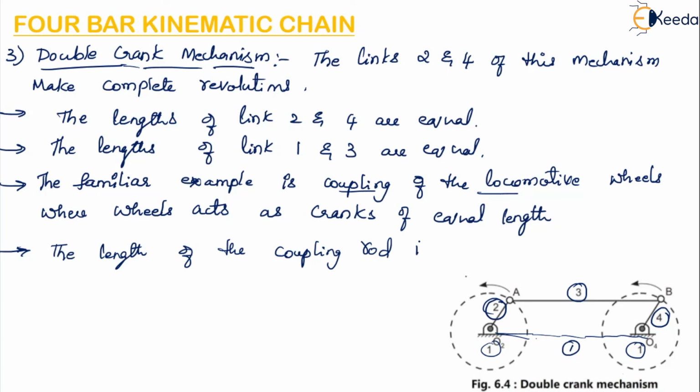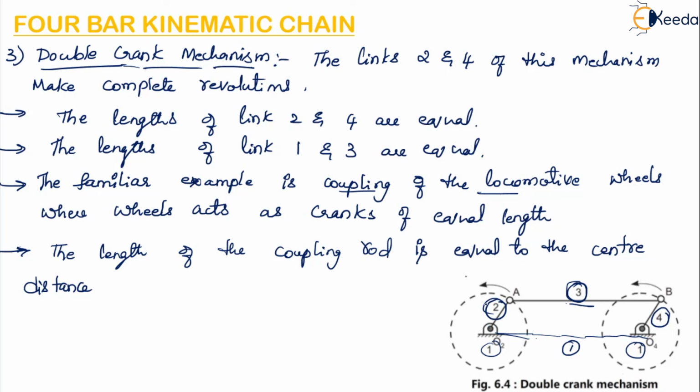Let us consider the length of the coupling rod as link 3. Then the length of this coupling rod is equal to the center distance between the two coupled wheels.